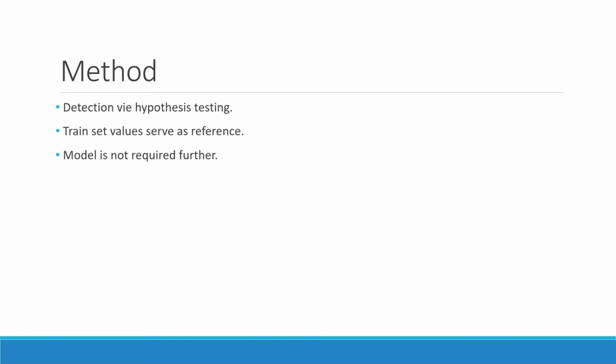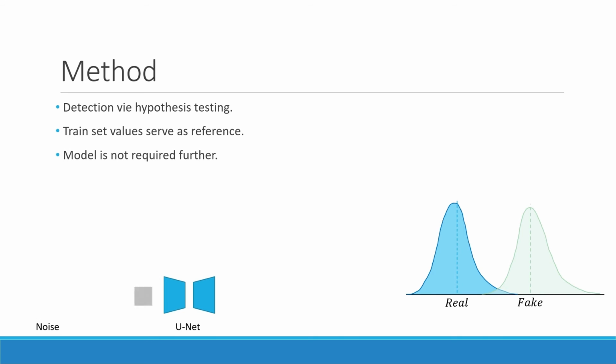Next, after the training is done, we build a population reference. So basically we take the train set, real and fake images, calculate the correlation with our extracted fingerprint, and calculate the mean per each population. Then we produce the fingerprint again one last time, and at this point we do not need the model anymore.